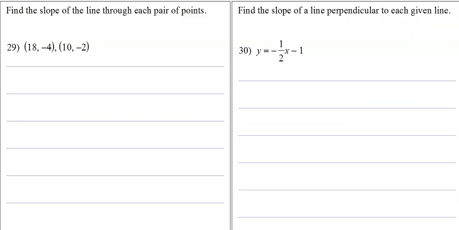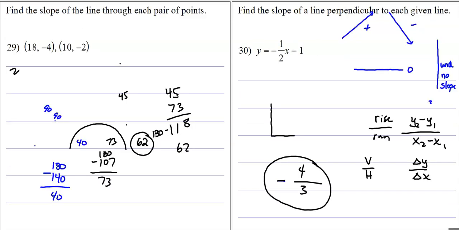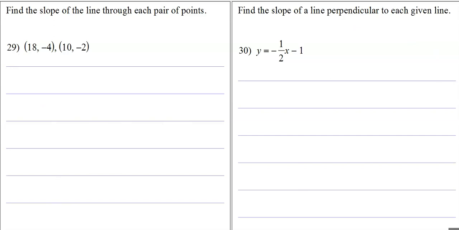All right, number 29 and number 30. When you don't have the picture, you could graph it, but it might be easier to just do the slope formula. There are two ways you can do it. If you'd like to stack this up, you could use what's called the slope slide. If I stack this thing up, I have my x's over here, I have my y's over there. You can just do the slope slide.